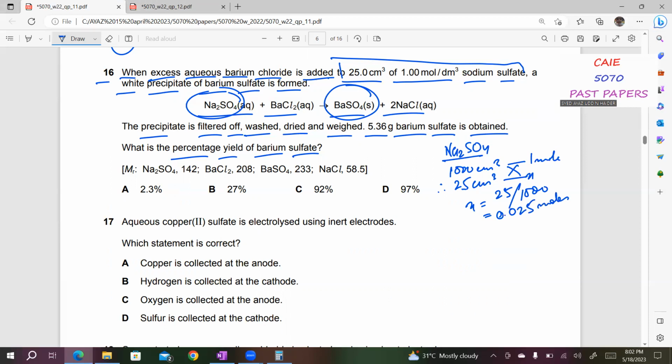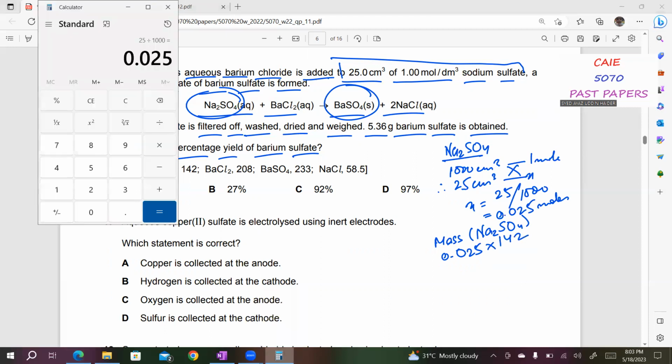Na2SO4. Now I want the mass of Na2SO4. For this purpose, we will multiply 0.025 moles by the MR of Na2SO4, which is 142. 0.025 multiplied by 142 is 3.55.